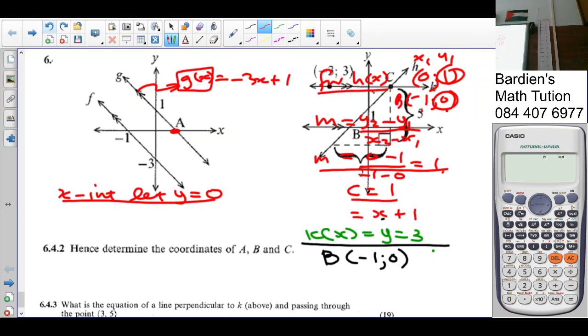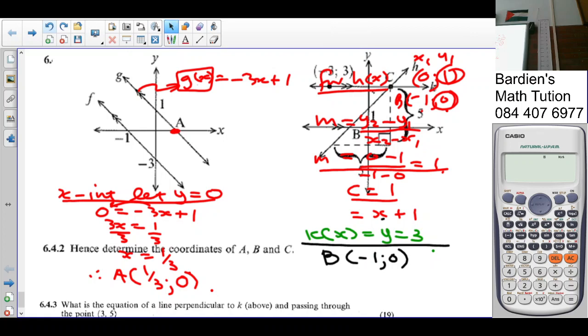So I say 0 is equal to negative 3x plus 1. Move the 1 over the equal sign. So 3x is equal to 1, divided by 3, so x is equal to 1 over 3. Did we answer the question? No. What was the question? The coordinates. So therefore the coordinates of A are 1 over 3 and 0. Do you guys understand? Let's go to the next question.